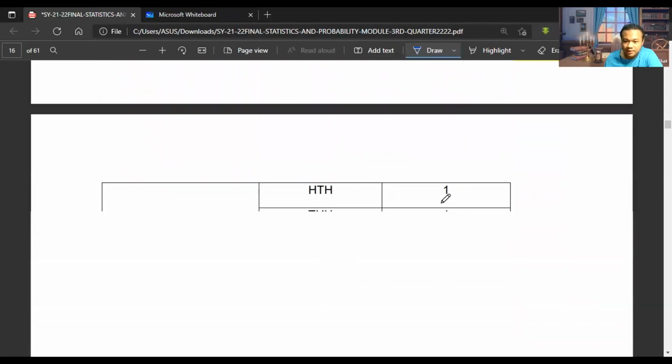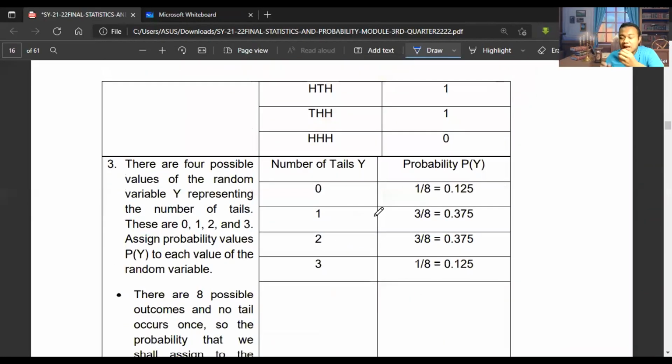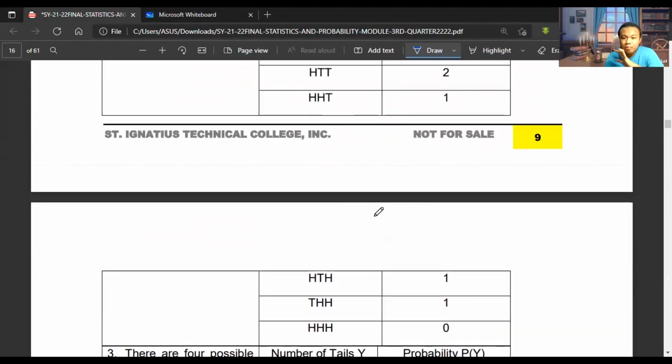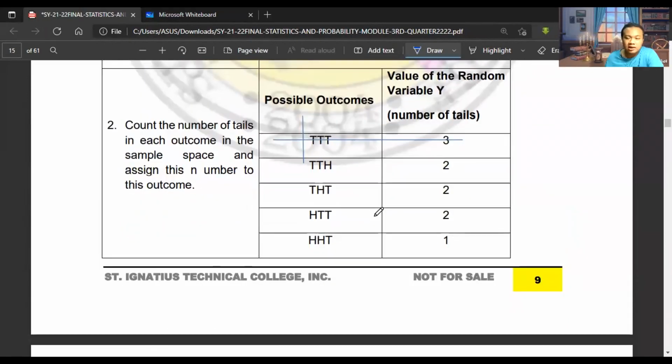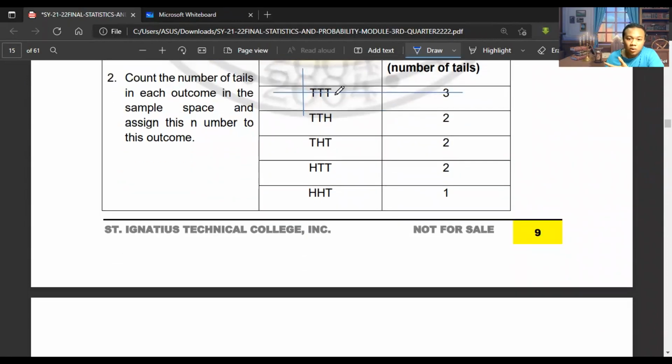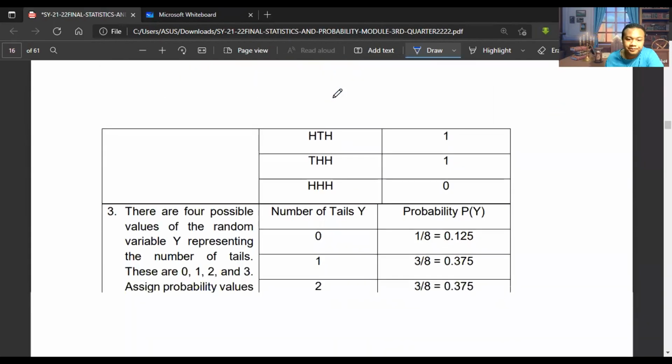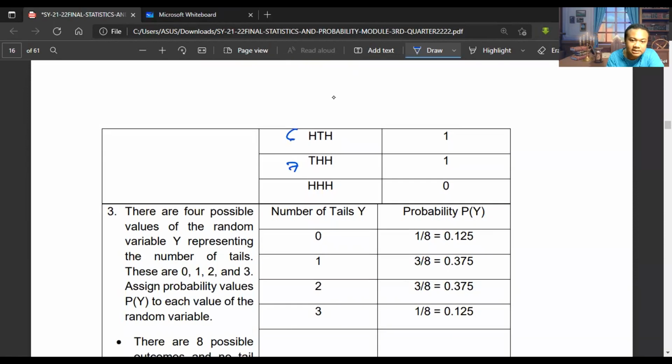HHT is one. Now we are listing the probabilities. How many are the possible outcomes? You will count them here: 1, 2, 3, 4, 5, 6, 7, 8. That's the number of outcomes.